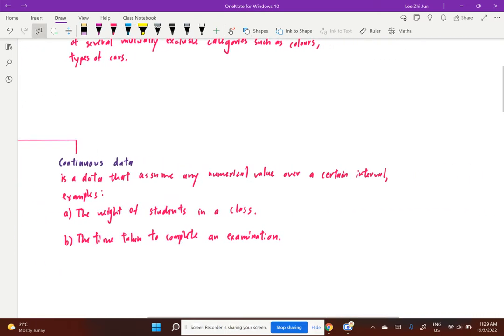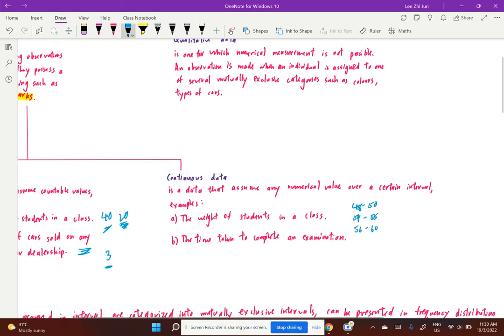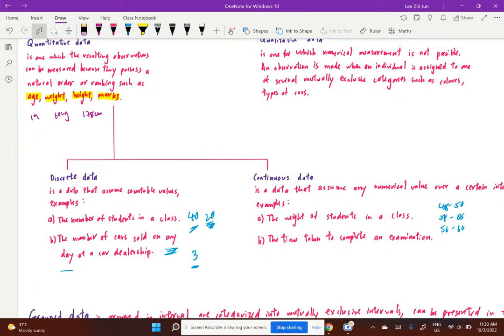For continuous data, the weight of students in a class can be 45 to 50 kg, 51 to 55 kg, 56 to 60 kg, just like that. It has a range. It does not have just one number only. Like just now you see the number of students, one number only. The number of cars sold, one number only.